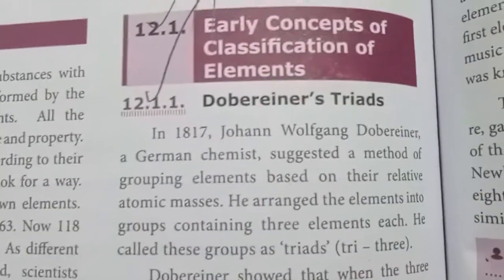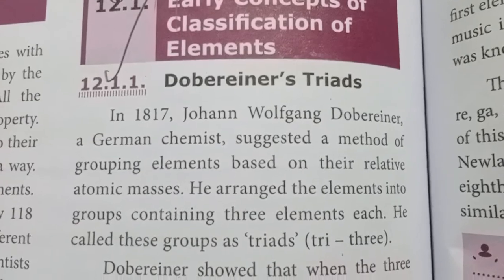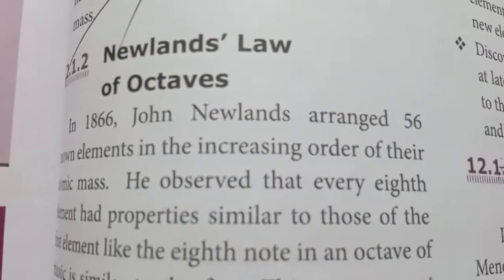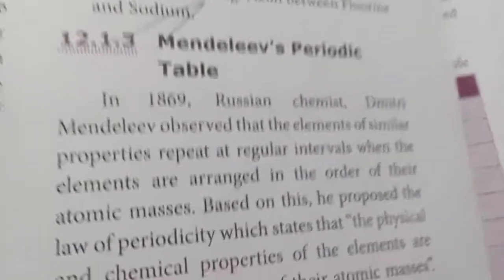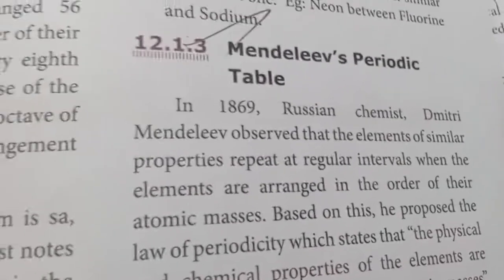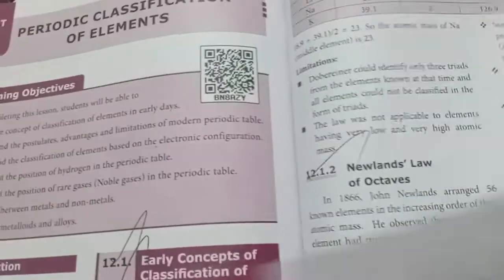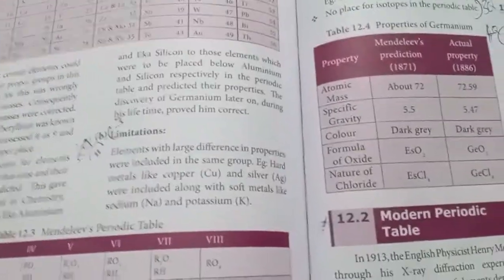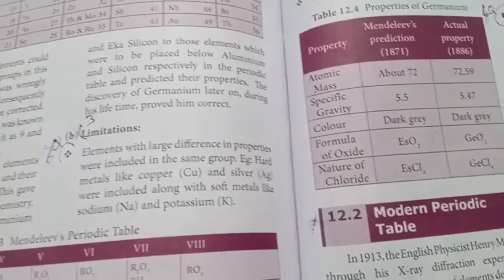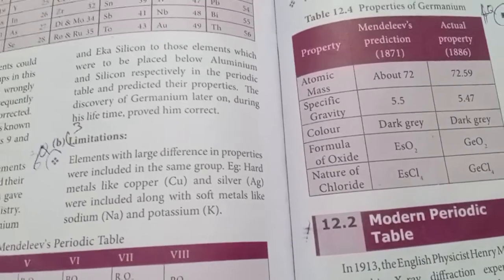There are three scientists, namely Johann Wolfgang Dobereiner, John Newlands, and one more person, Mendeleev. These three scientists had some concepts on the classification of elements according to atomic masses, but there are some limitations to their concepts of periodic classification.